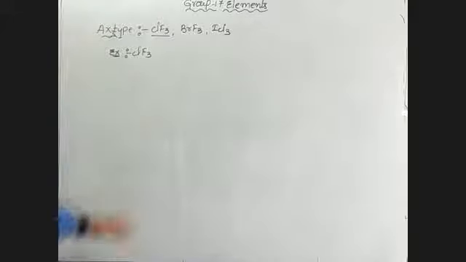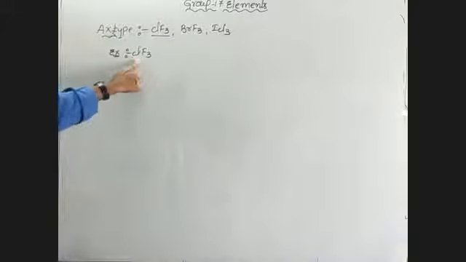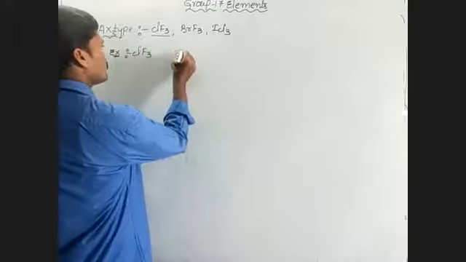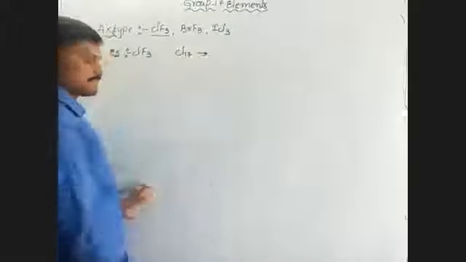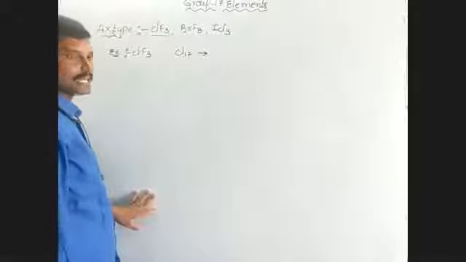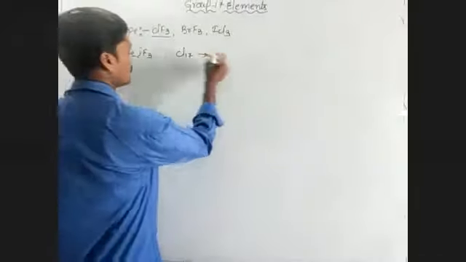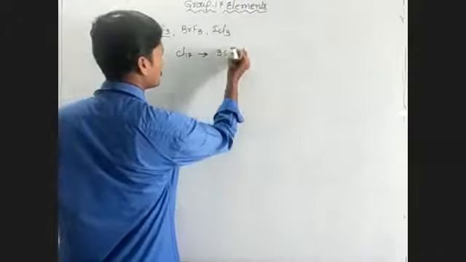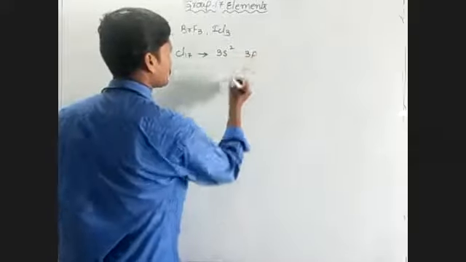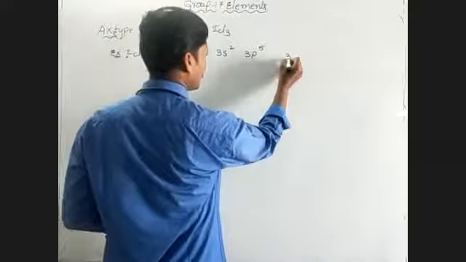In ClF3, chlorine is the central atom. The chlorine atomic number is 17. The valence shell electronic configuration of chlorine is 3s2 3p5 3d0.